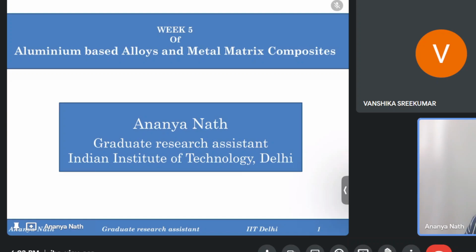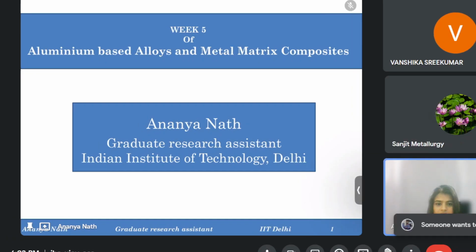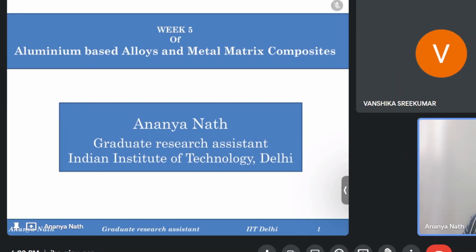Those are basically the strain hardening process for non-heat treatable alloys, and then we'll start our new topic of week 5 lectures 4 and 5, which is mostly recovery and recrystallization. Apart from that, we'll discuss the current semester week 3 and week 4 MCQs and the week 5 MCQ for the previous semester.